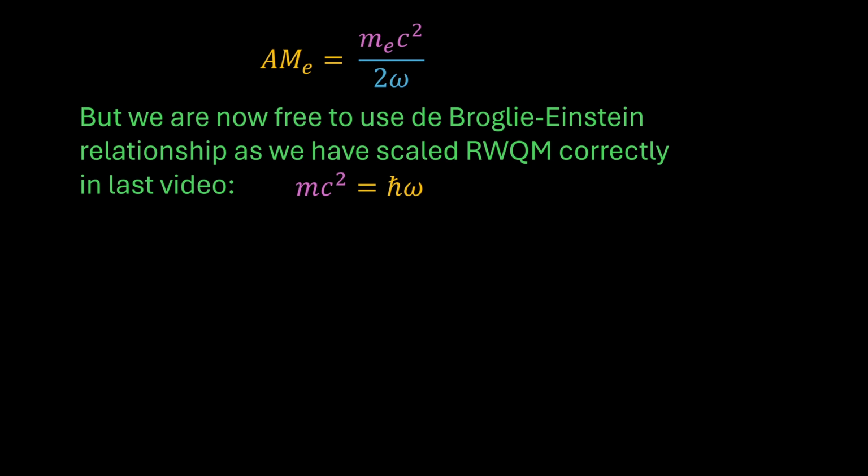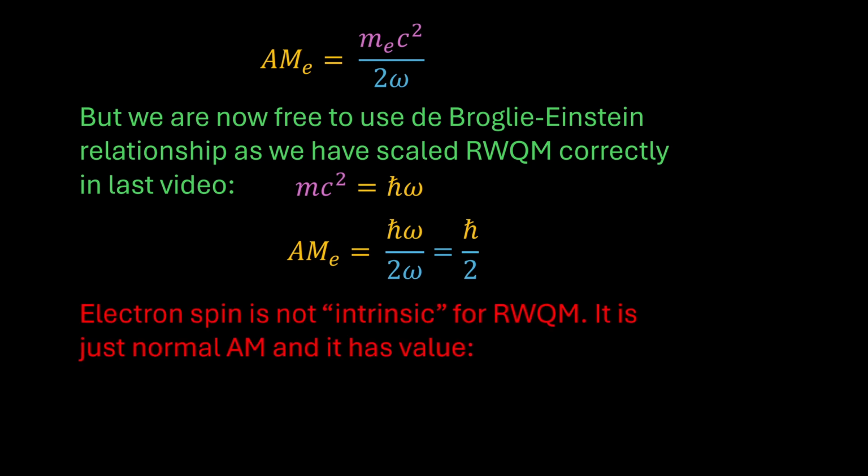We can substitute mc squared with h bar omega and then cancel the omegas to get the total spin angular momentum of the electron structure to be h bar upon 2. In real wave quantum mechanics, spin is not in any way intrinsic. We have modelled it, and its value agrees with the experimental value of h bar over 2.